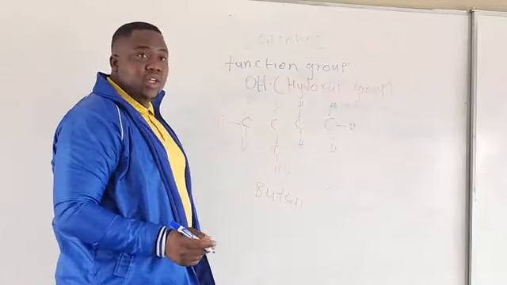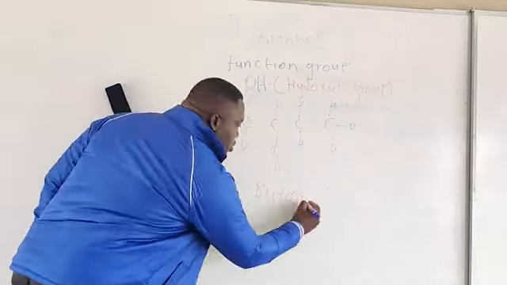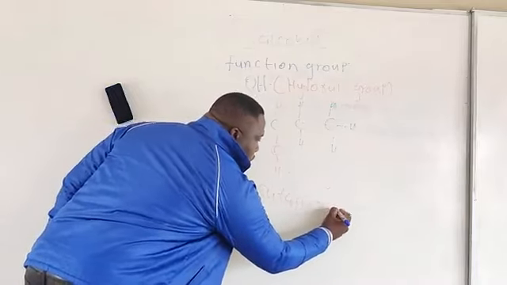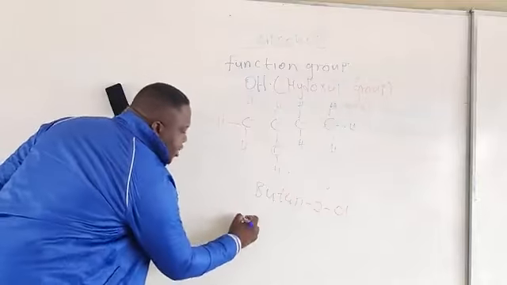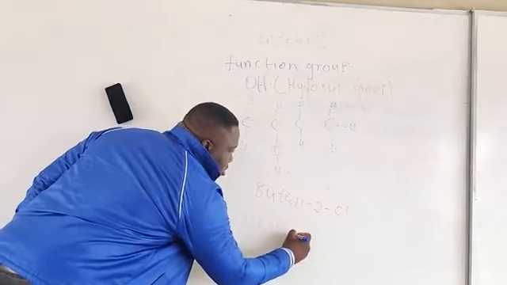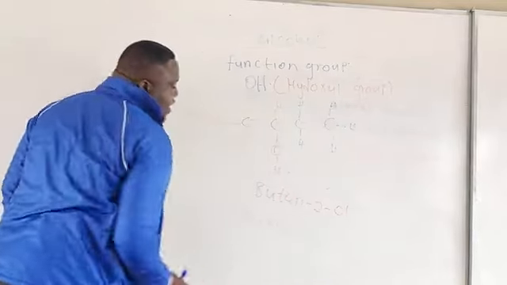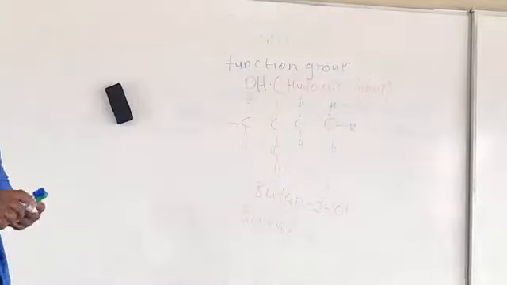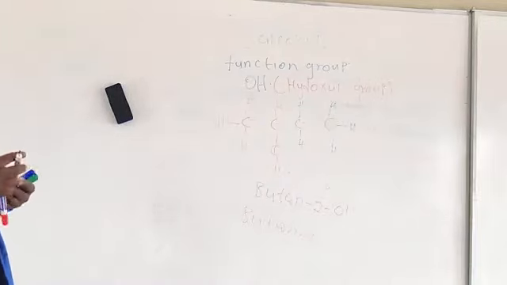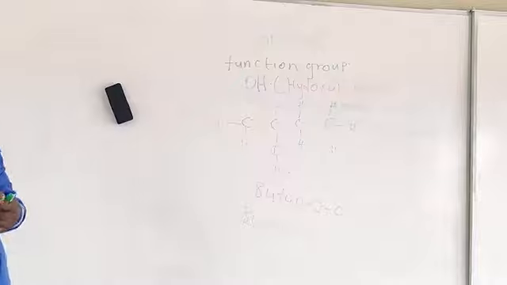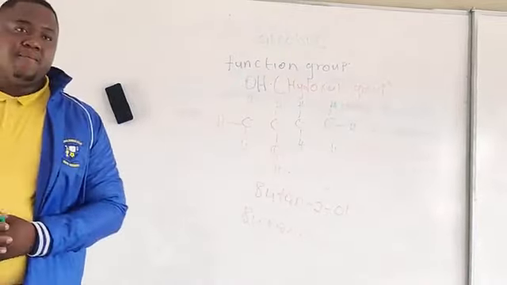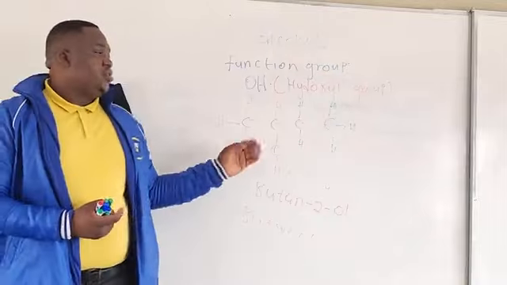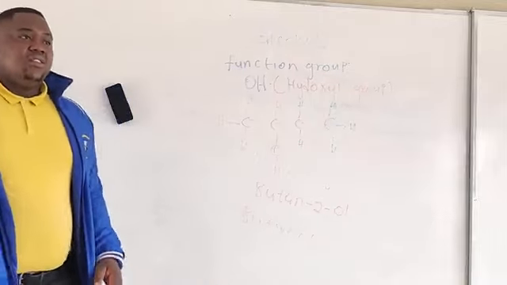What are we going to choose? 2. So this one is butanol. But when we give the nomenclature, we need to indicate where the OH is. So this one is butan-2-ol.